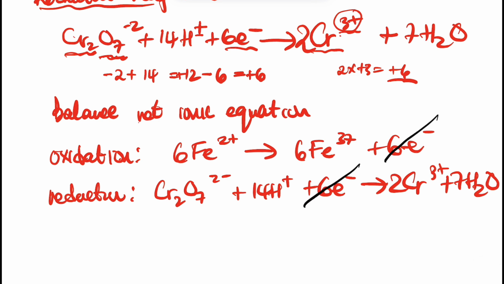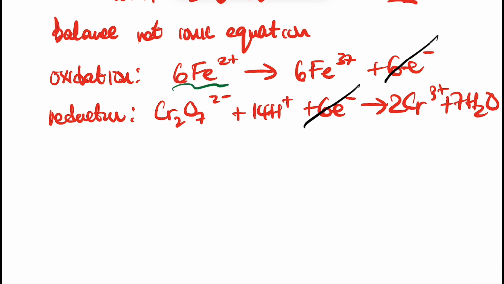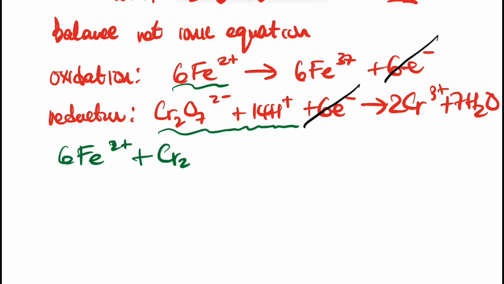So our balanced net ionic equation is going to be, we're going to start with the reactants. It's going to be 6Fe2+, and then we go to the reactants of this one. It's going to be Cr2O7 2- plus the 14 hydrogen ion, and then we're done with the reactants of both half reactions.